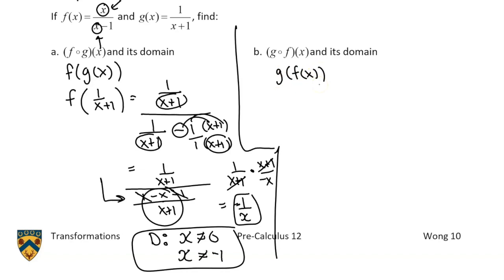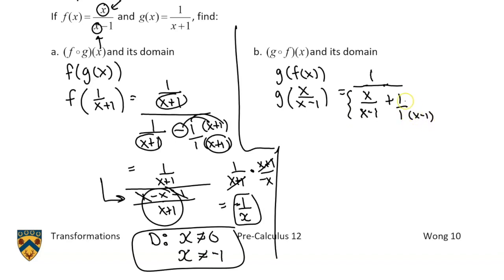Okay, so for g of f of x, we're going to have g of, and then we'll write x over x minus 1. And what we'll have then is we'll get something that's going to say 1 over, and then x plus 1, but we know that x has been replaced with x over x minus 1 plus 1. Just like the last question, we want to create a single fraction, and the best way to do that is to first work with our denominator to create that single fraction.